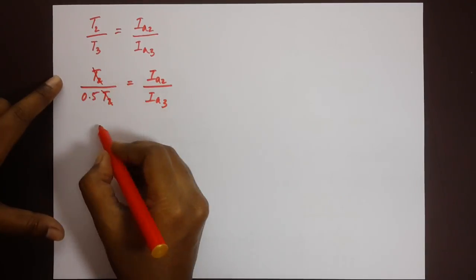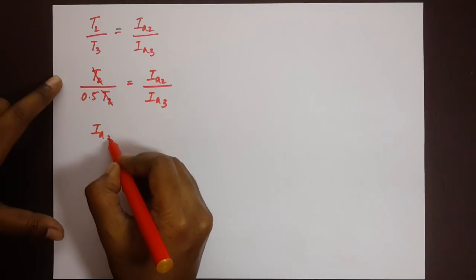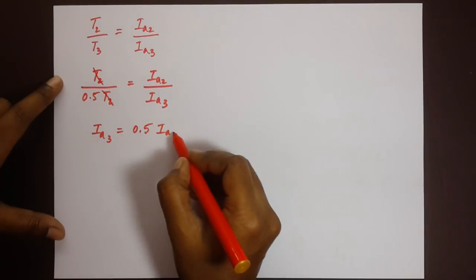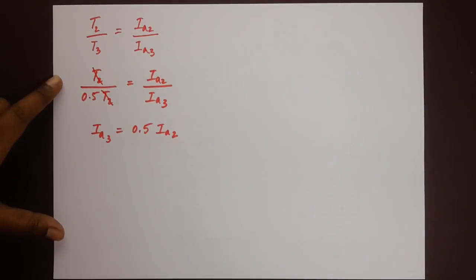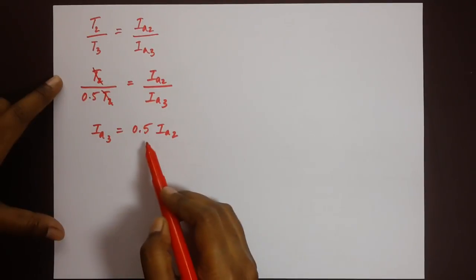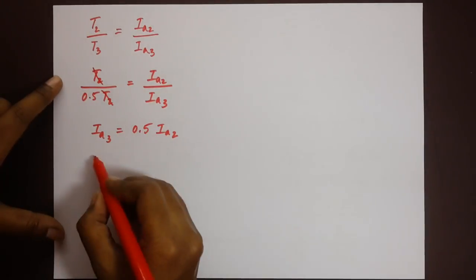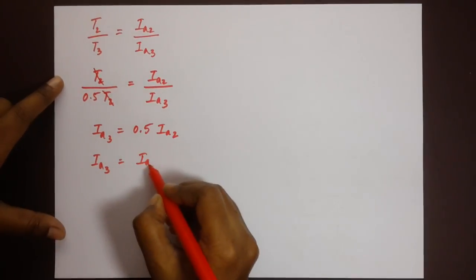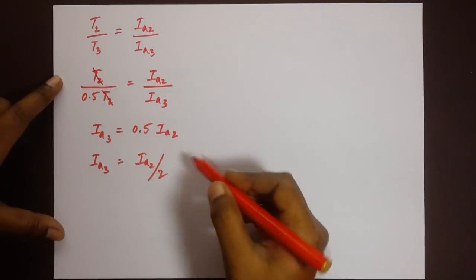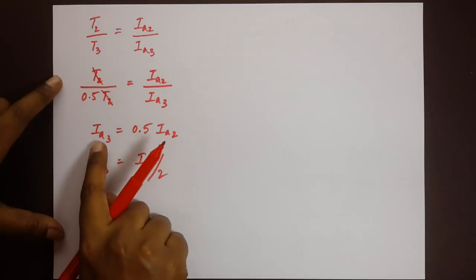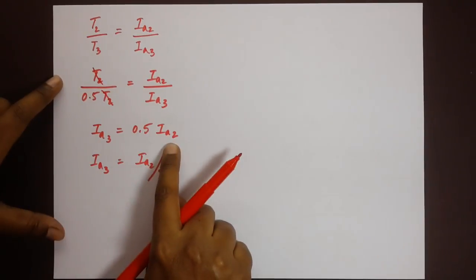So now we will have a relation IA3 is equal to 0.5 IA2, right? Or we can even say that IA3 is equal to IA2 by 2, since 0.5 is 5 by 10, 1 by 2. So it's IA3 is equal to IA2 divided by 2. Either way, you can use either one. It's not a big deal. Okay, so now we have the relationship between IA3 and IA2.